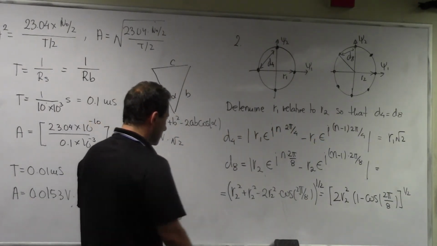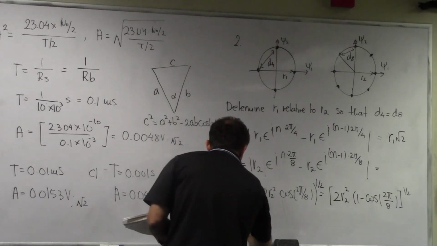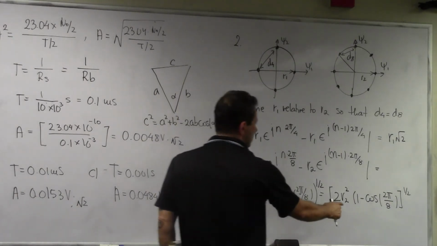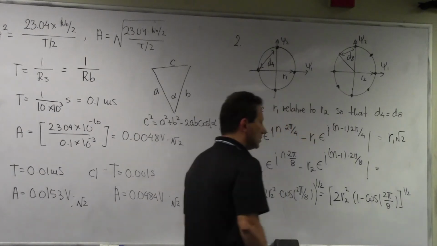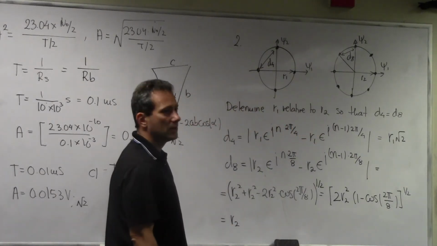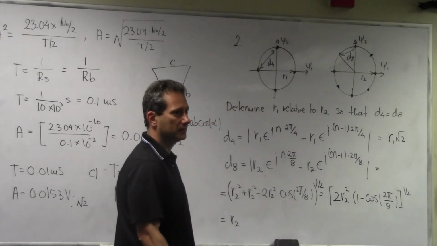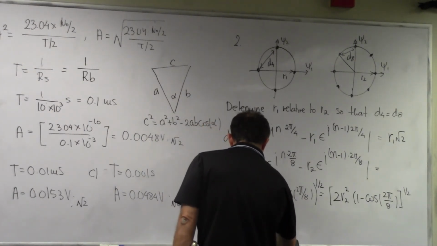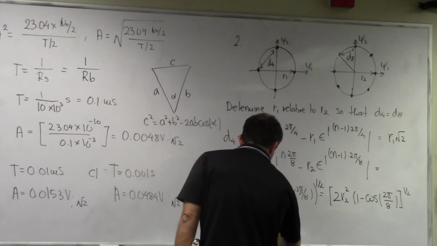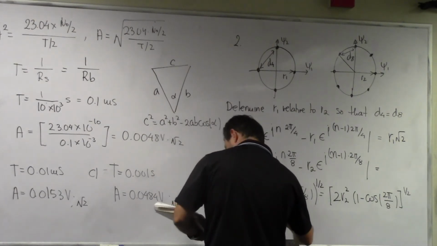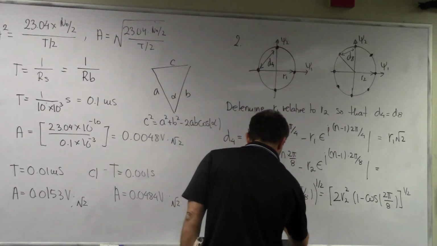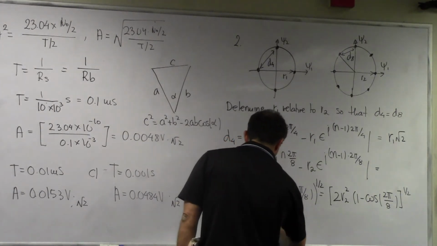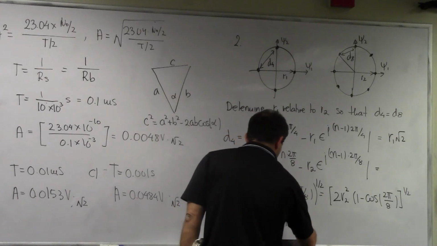So this becomes R2, and then 1 minus cosine is 2 times sine squared of the half angle, so I guess 4 sine squared of pi over 8, and then taking the square root.